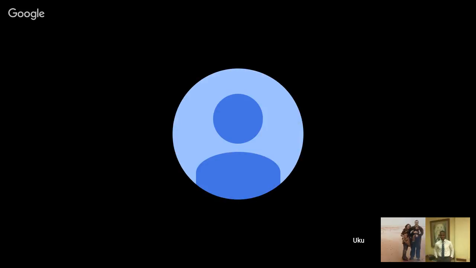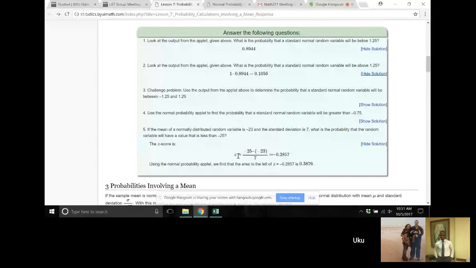So I put the z-score we just found into the applet. Let me share my screen and show you guys. Okay, so this is what I'm trying to follow, what this example did.